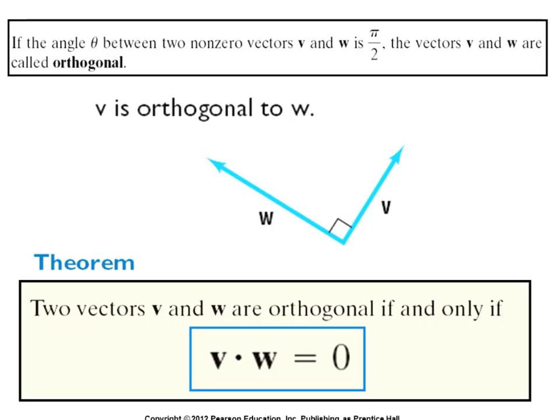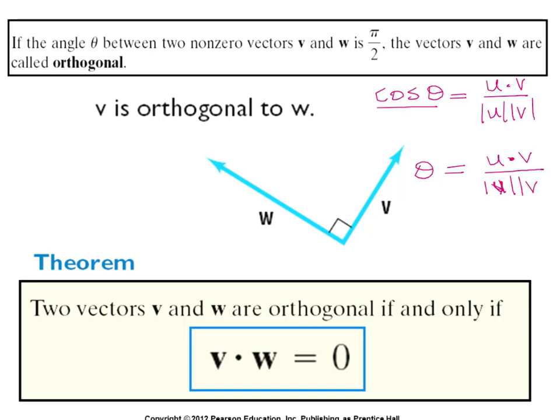So we had the projection before, and we know that the cosine of theta is equal to u dot v over the magnitude of u times the magnitude of v. But if the vectors are orthogonal, that means cosine theta is going to equal 0, so we have 0 equals u dot v over the magnitude of u times the magnitude of v.